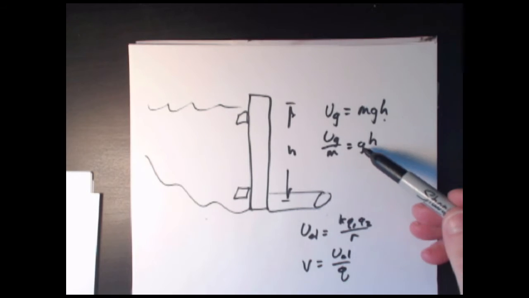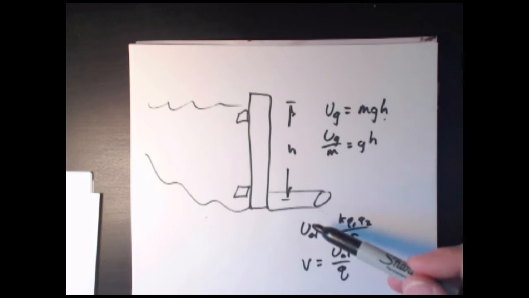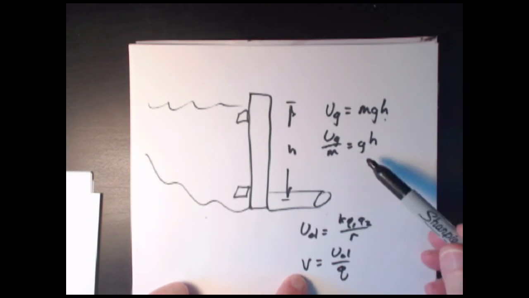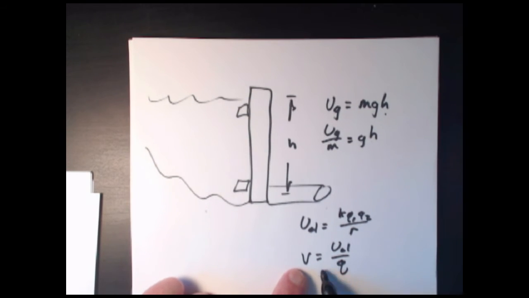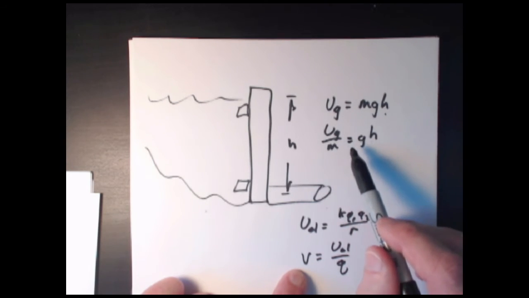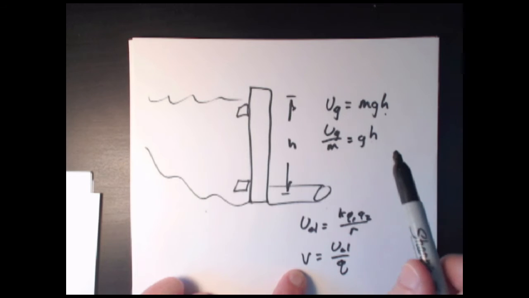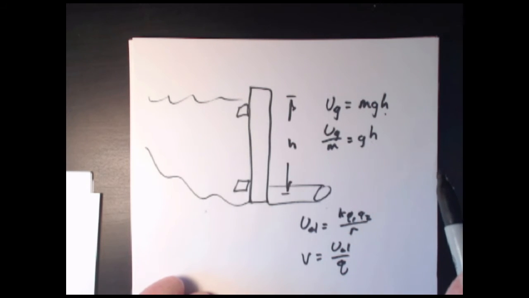So the analogy is that the voltage is describing my field, but not only my field, but how far it is from my zero point. So my voltage is describing roughly the amount of energy per charge that I can get out, just like my gravitational potential energy is describing the amount of energy per kilogram that I can get out of my system.